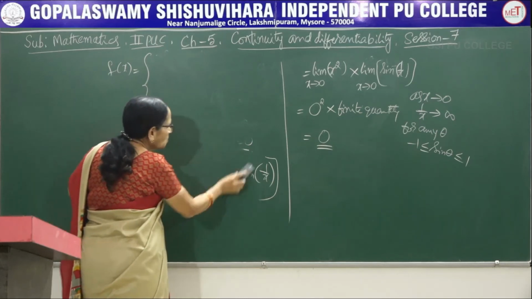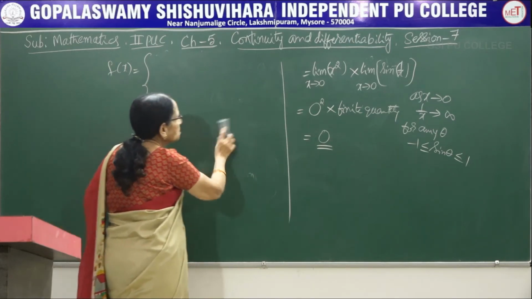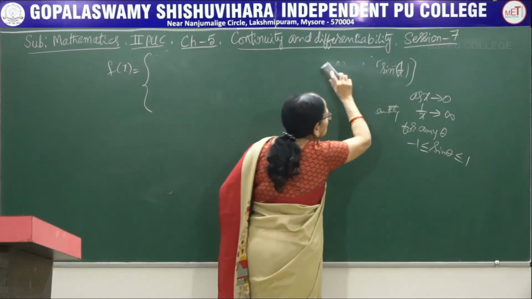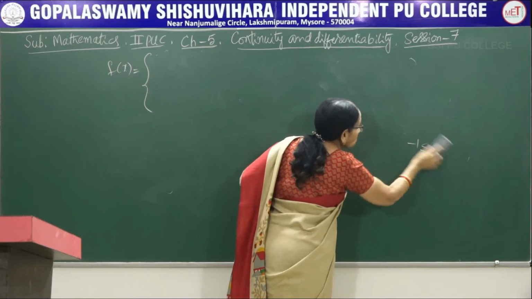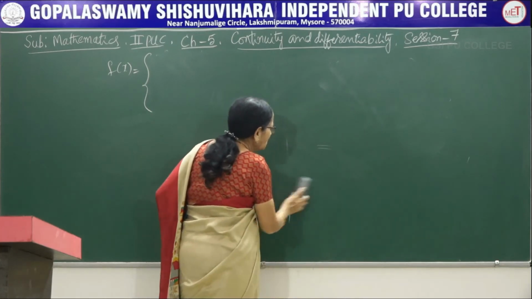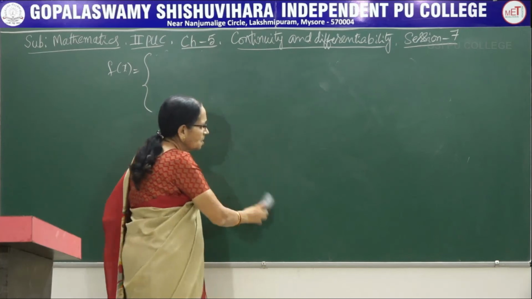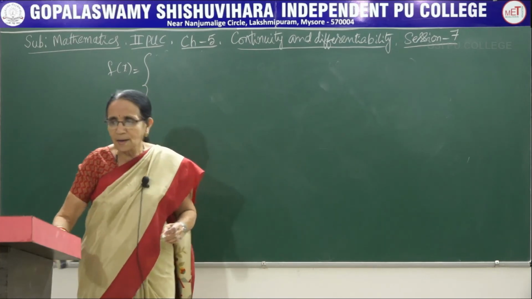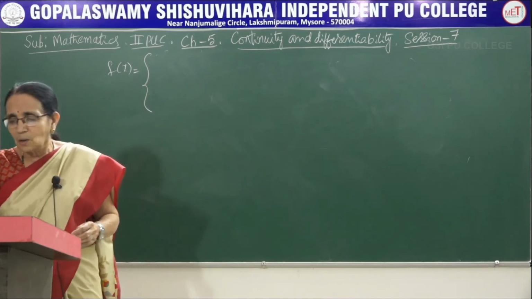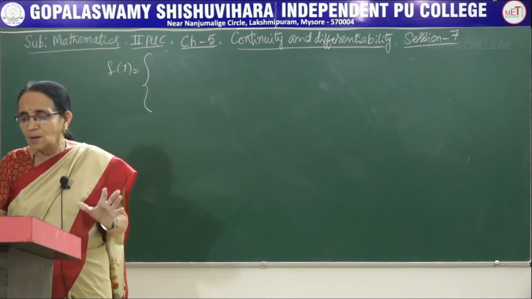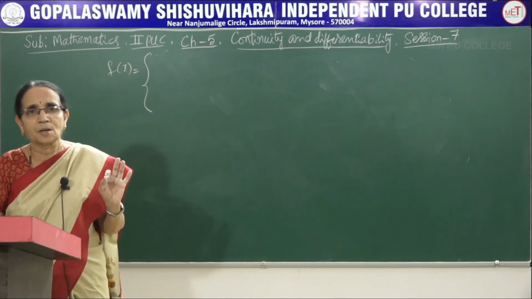Now, another problem again which involves the trigonometric function. This problem, just now I worked out, is an interesting problem, and it was asked in the earlier examination also. Let me consider the next problem: examine the continuity of the function.